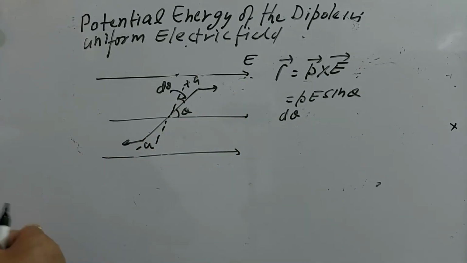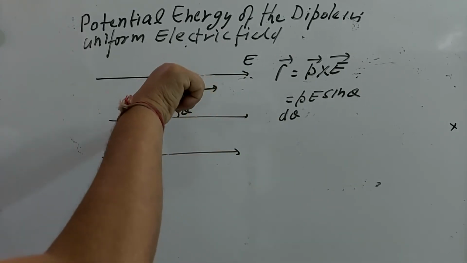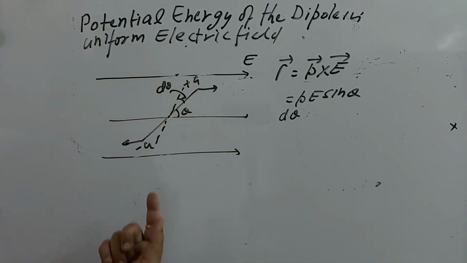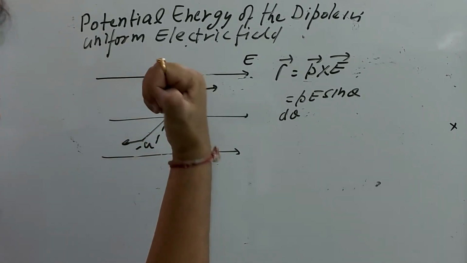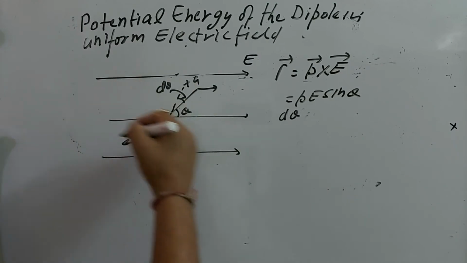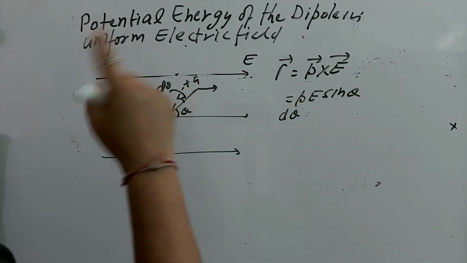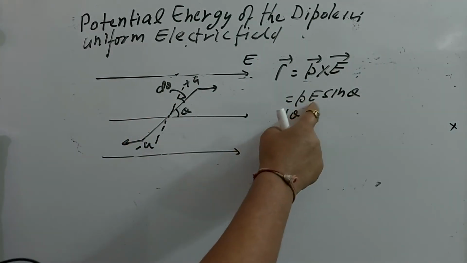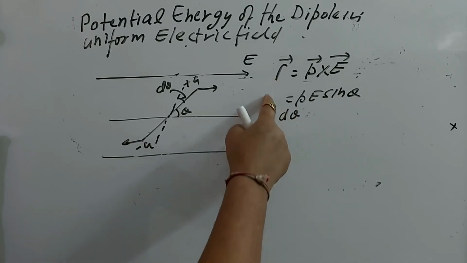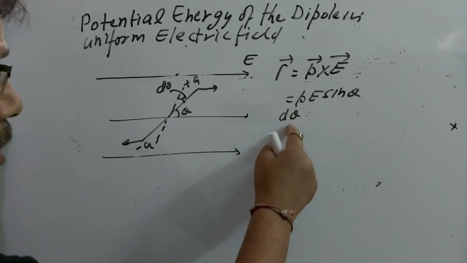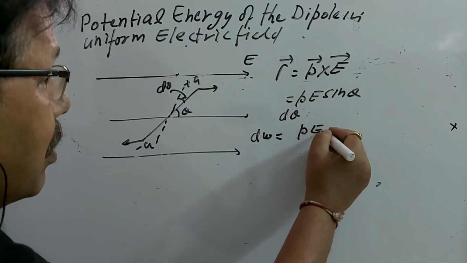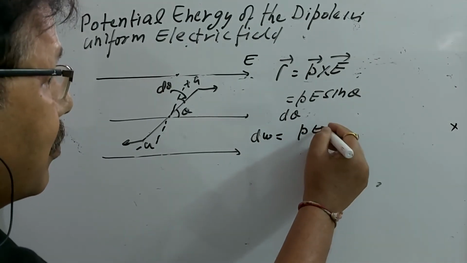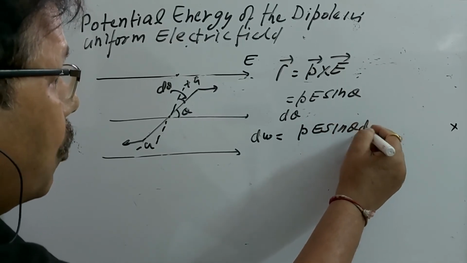So means the direction of torque given by this will be inward. So we will have to apply same torque in the opposite direction, means the direction of torque will be outward. So now the torque applied by the external agent will be equal to PE sin theta, and suppose it is rotated by small angle d theta, then the total work done will be equal to PE sin theta into d theta.